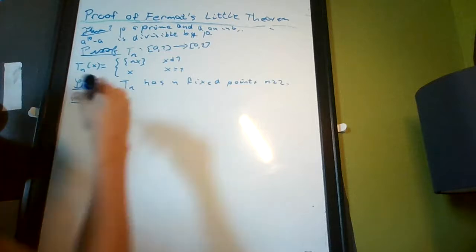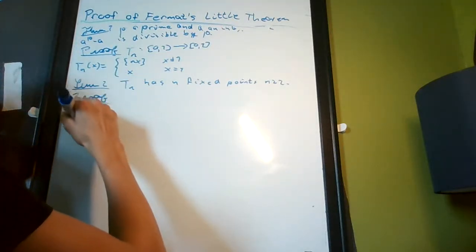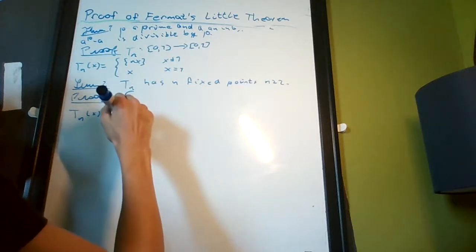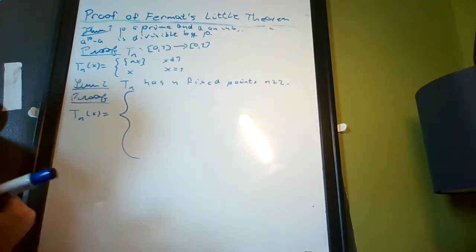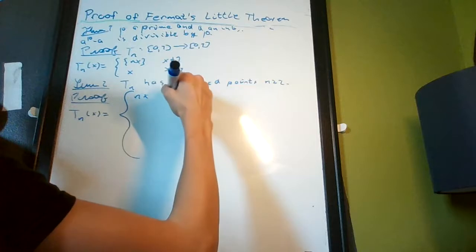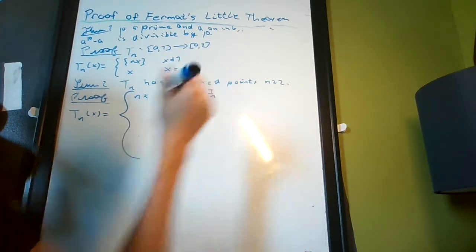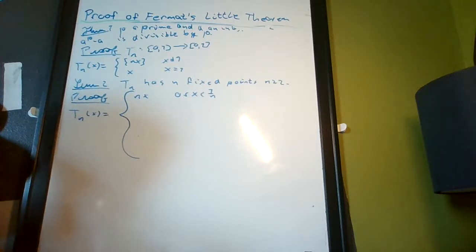So proof of this is because we can rewrite Tn of x in a different form, a piecewise function form. It's going to be nx for x between 0 and 1 over n, because anything in between there, when you multiply it by n, is going to be less than 1, so the fractional part of something less than 1 is going to be itself.